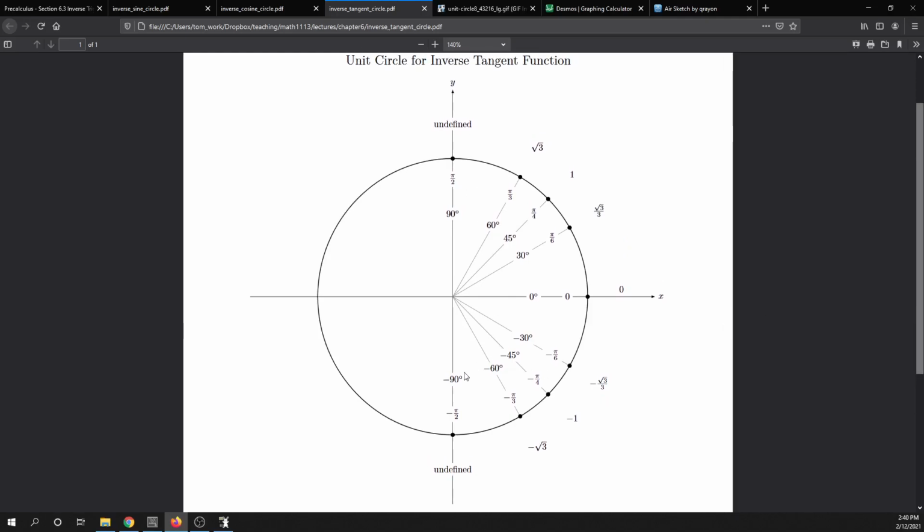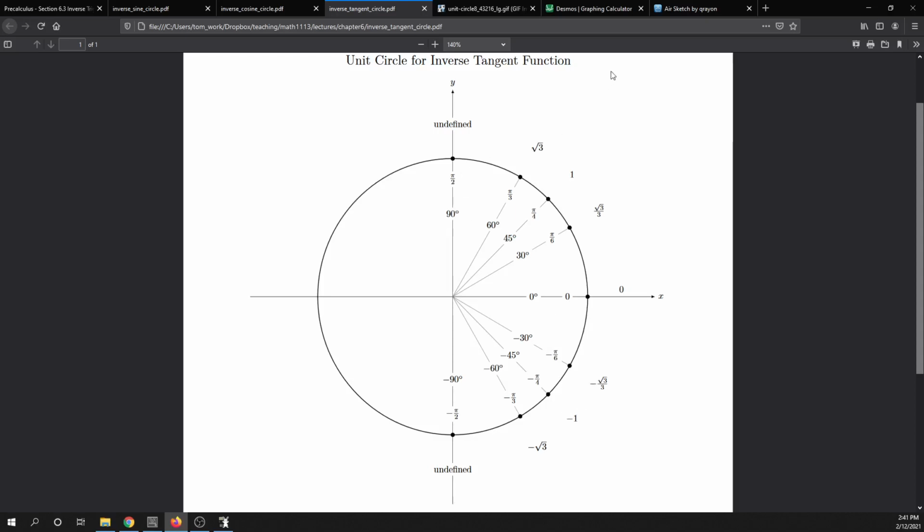But remember, when I do inverse tangent, it is always going to give me an angle that is on the right side of the unit circle between minus pi over 2 and pi over 2. If you notice, the tangents up here are positive, and the tangents down here are negative.